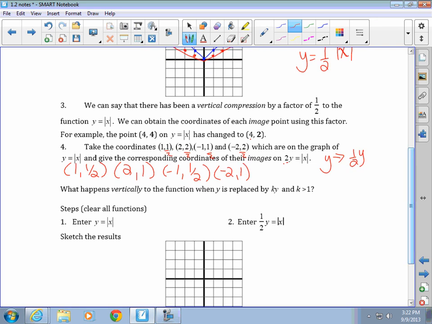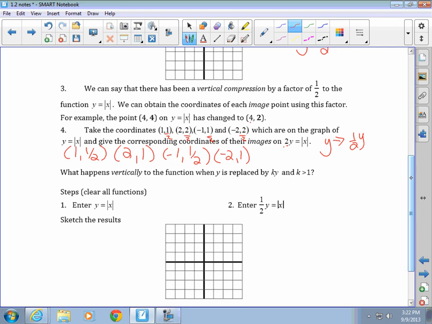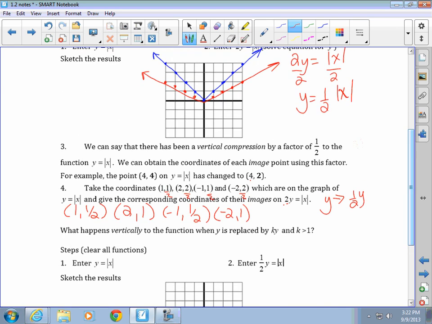Well, vertical compression means that they've gone from an up-down and are squishing it down. So it says what happens vertically, so up-down wise, you compressed it. You're squishing this, and this is what they mean. The vertical compression is, they've started here and it's like they pushed down on this, so it's causing your arms to flatten out.